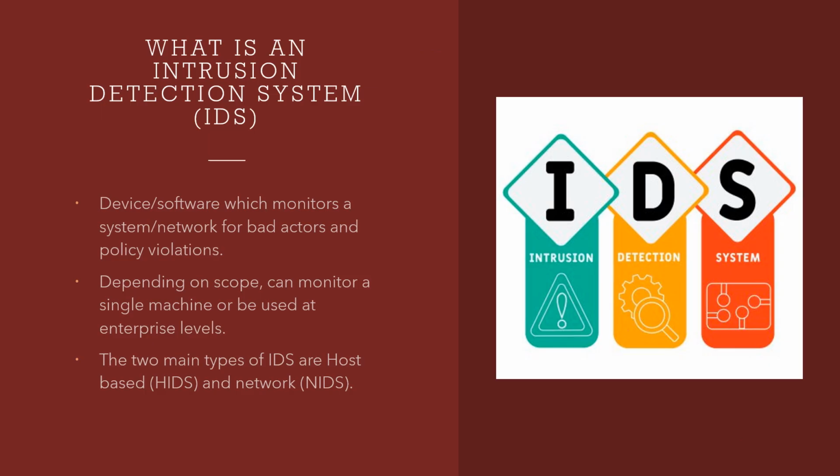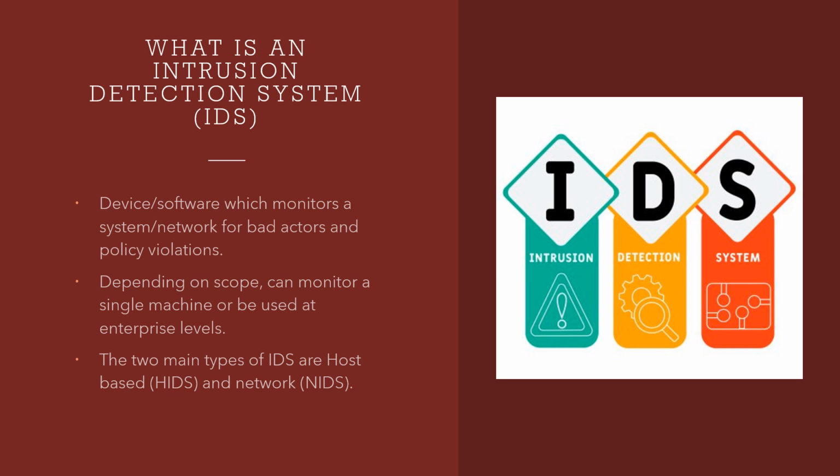So let's dive in. What is an intrusion detection system, or IDS? An intrusion detection system is a device or software which monitors a system or the network for bad actors and policy violations. Depending on the scope, it can either monitor a single machine or be used at an enterprise level.